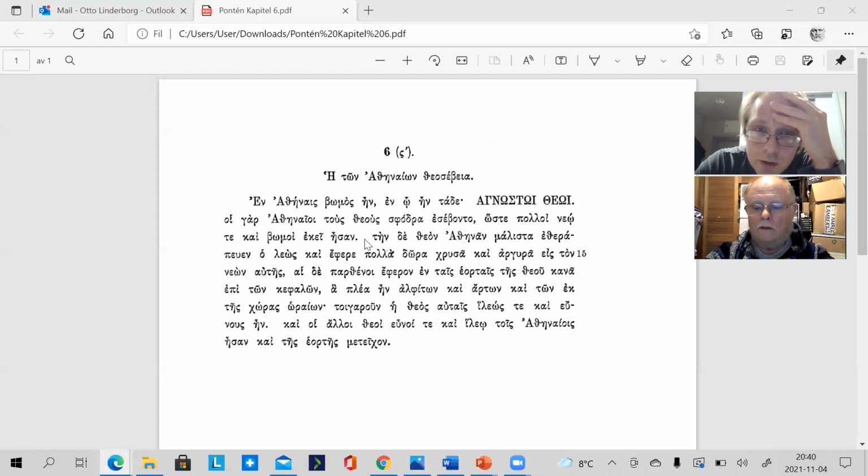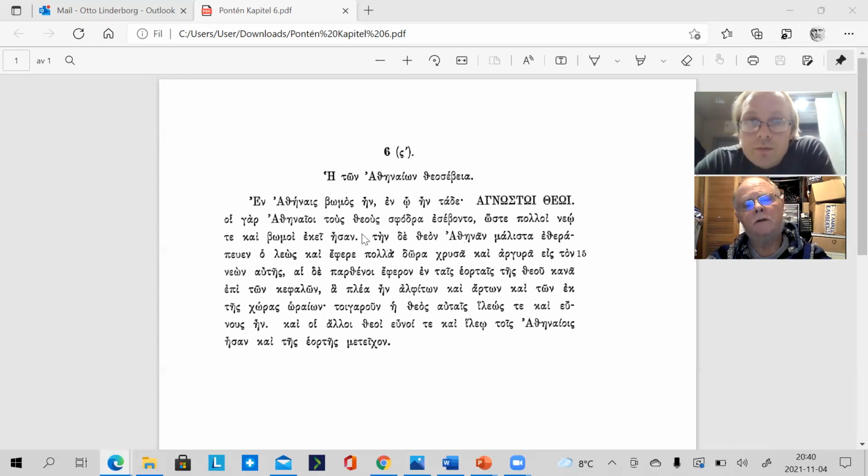Okay, would you like to continue with this first sentence then? So this got me a little bit confused because Athena is feminine, but theon is masculine. Yeah, actually, theos is, of course, the nominative form. It can be both masculine and feminine. Okay. So in this case, it's feminine.